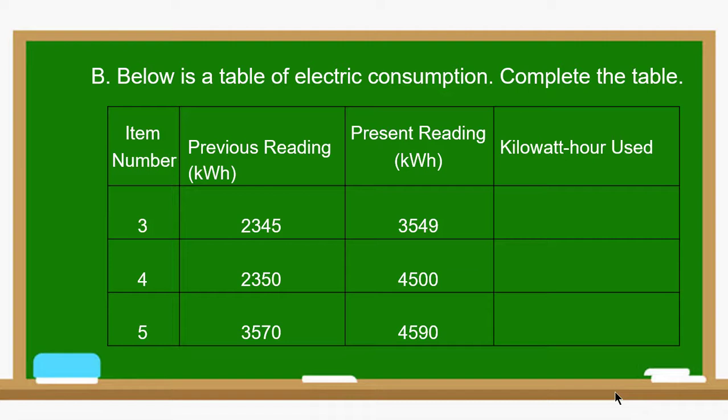Number 4, previous reading is 2,350 kilowatt hour. Present reading is 4,500 kilowatt-hour. Number 5, previous reading 3,570 kilowatt-hour. Present reading is 4,590 kilowatt-hour.